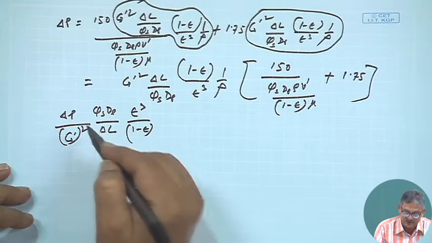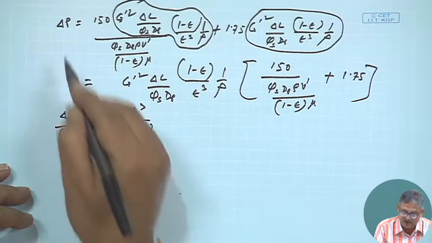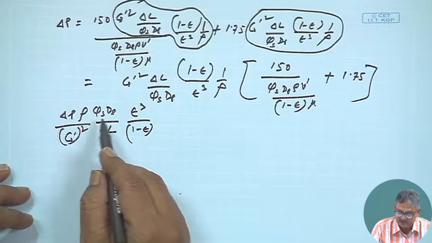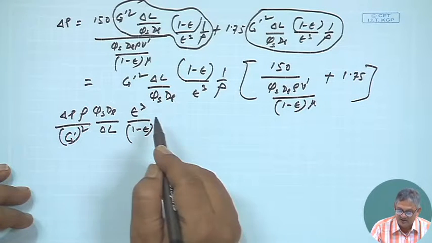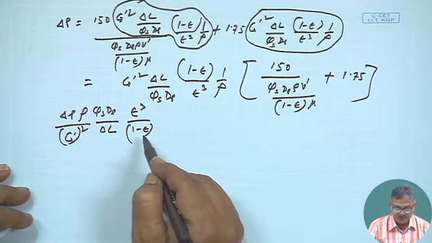So, here it was delta p and this rho went up, right. So, delta p rho by g prime square phi s dp by delta L epsilon cube by 1 minus epsilon.